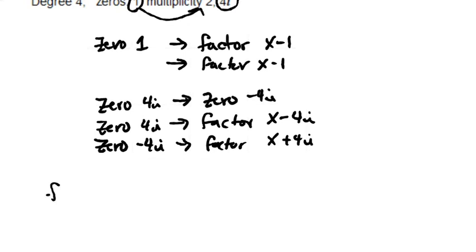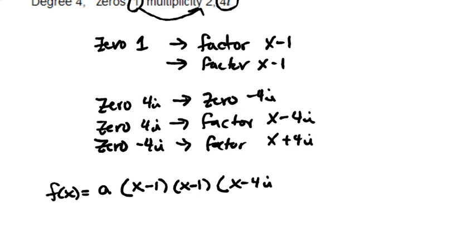So our polynomial function f of x will be a, where a is an unknown leading coefficient because there are many polynomials that will fit this description, and so we're leaving that value of a unknown. And we have a factor of x minus 1, another factor of x minus 1, a factor of x minus 4i, and a factor of x plus 4i.